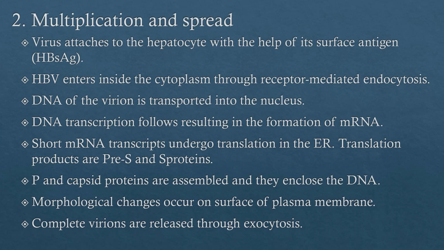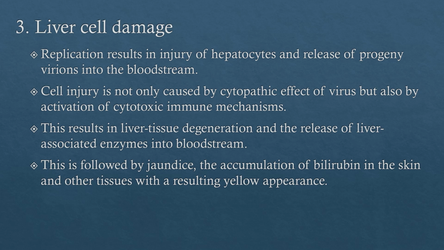P and capsid proteins are assembled and enclose the DNA. Replicated DNA undergoes nick formation, resulting in double-stranded DNA with a staggered end. Morphological changes occur on the surface of the plasma membrane, and lastly, complete virions are released through the process of exocytosis.